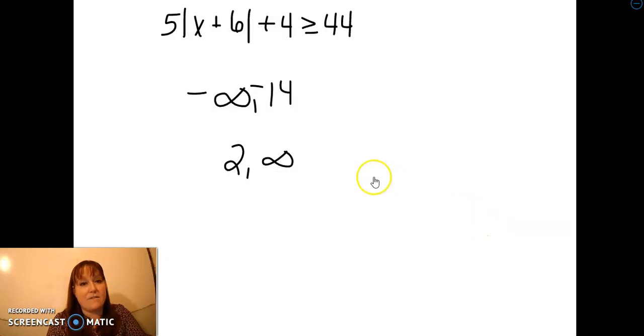So now I can actually figure out how to write this. I know from negative infinity to negative 14 it was greater. Now the question is, at negative 14, what's going on? At negative 14, these two functions are equal to each other. This function equals 44. So do I want to include negative 14 in the x values that make this true? Yes, because I'm looking for x values that would make this function greater than or equal to 44.